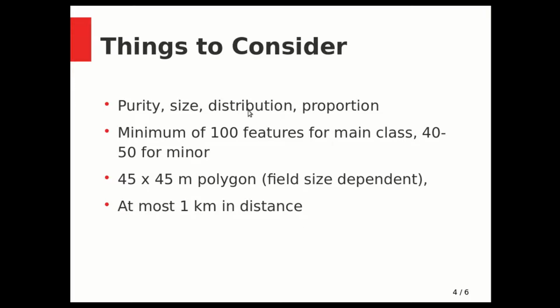Again, if you really know the characteristics of the place or the areas that you are mapping or that are assigned to you, you can somewhat tweak these rules. So it depends on the area that you are mapping.